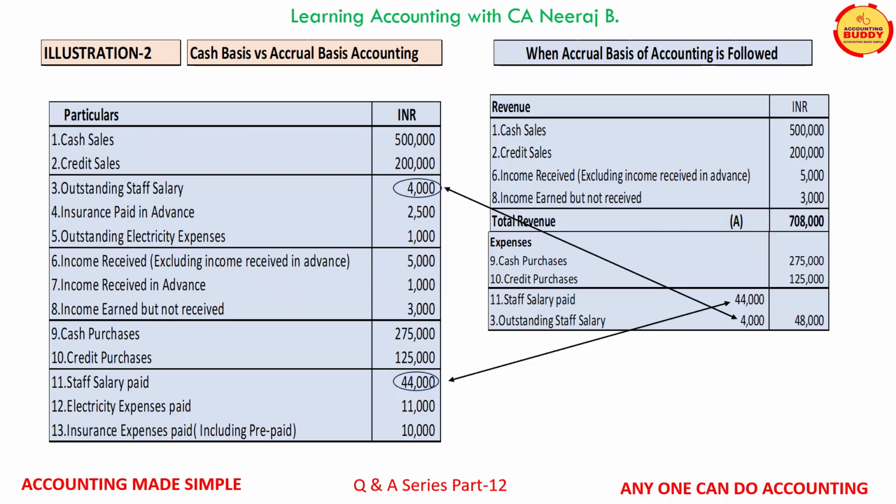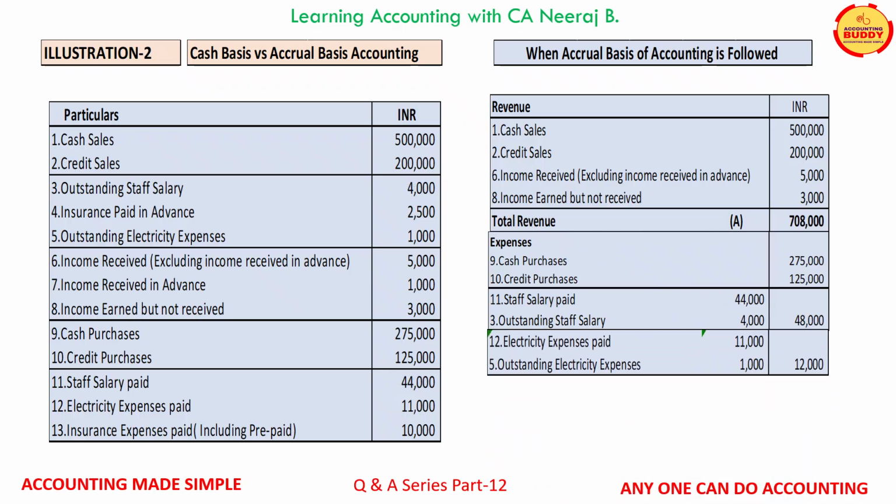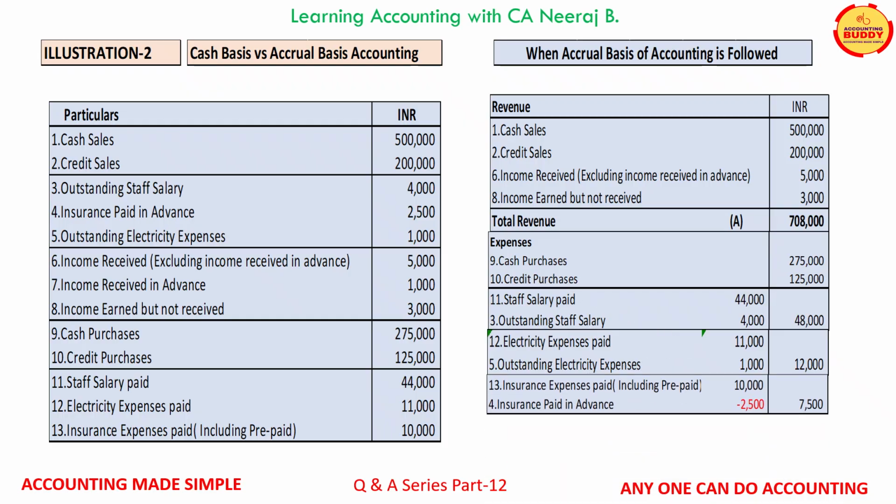Similarly, for the electricity expenses, both electricity expenses paid 11,000 and outstanding electricity expenses of 1,000 will be considered. Please pay attention to the treatment of insurance expenses. Out of the total insurance expenses payment of 10,000, only 7,500 will be considered.